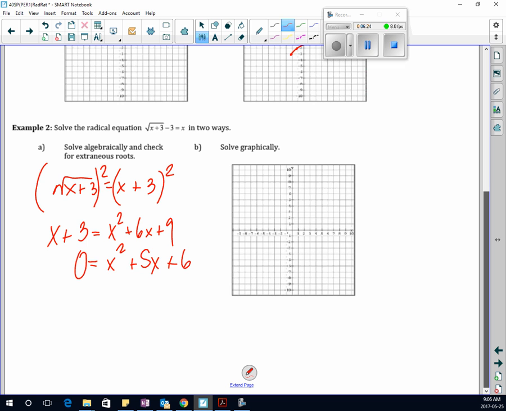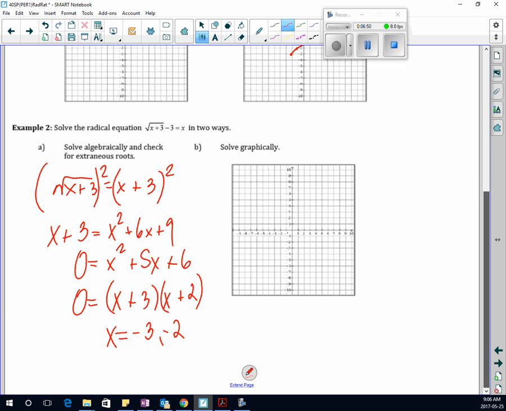Then what do I do? Factor. Don't drop your equals 0. Factor. So what do I get there? Plus 3 plus 2. So that means x equals -3, -2. What do I have to remember to do when I square both sides? Make sure you go into the original.